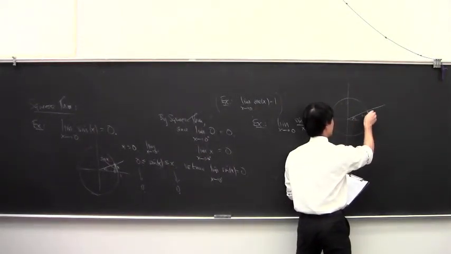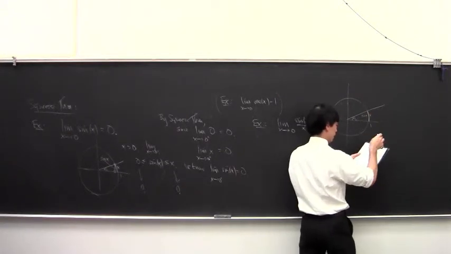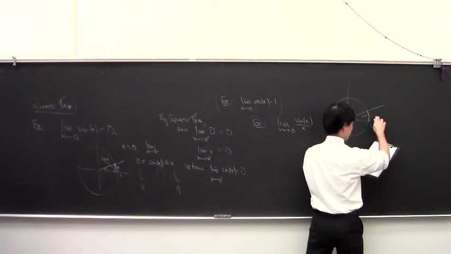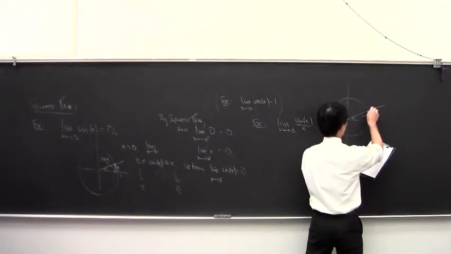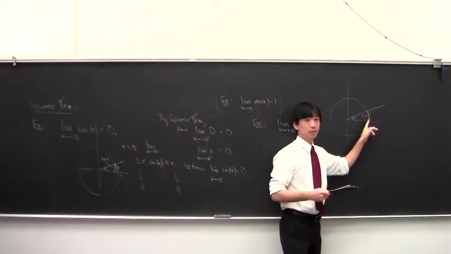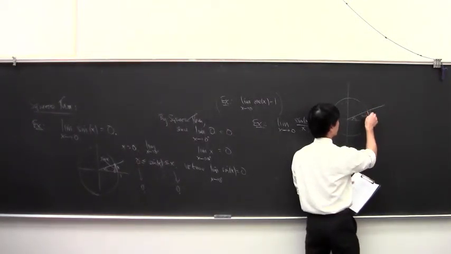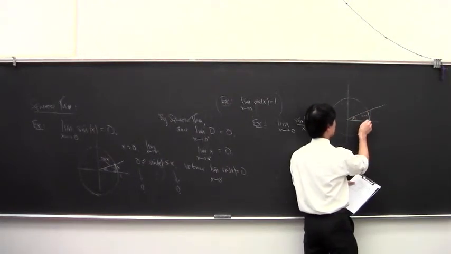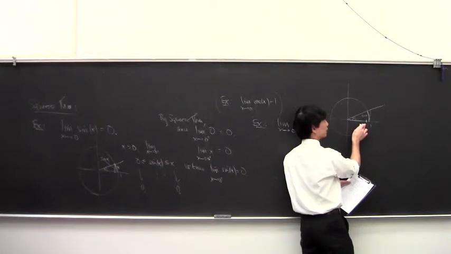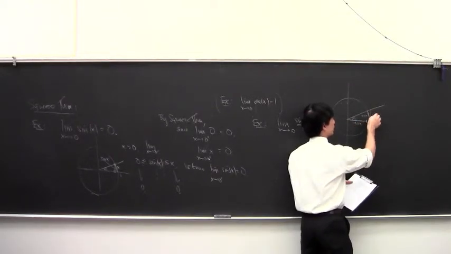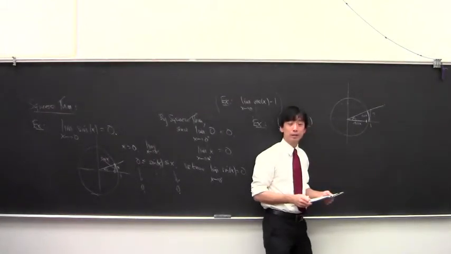X we also saw before. What's this height here? Well, let me ask you this first. What's this length up until this point here? Cosine? Okay. So what's the height here?